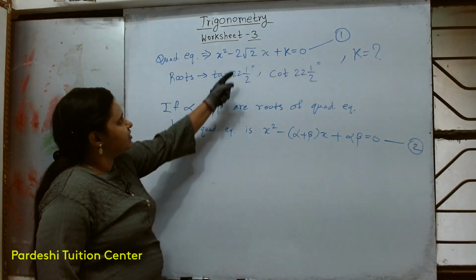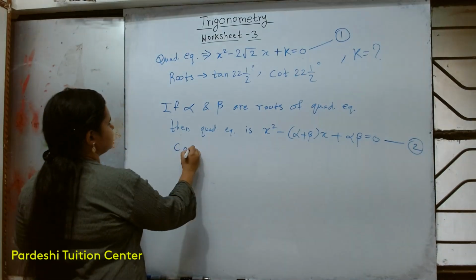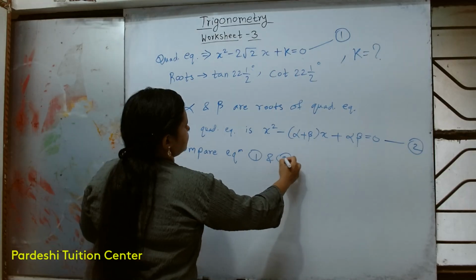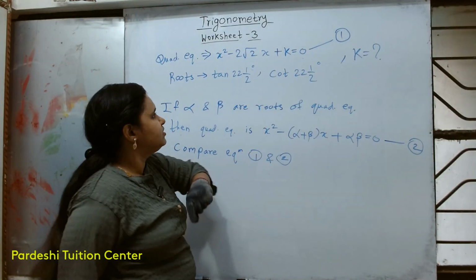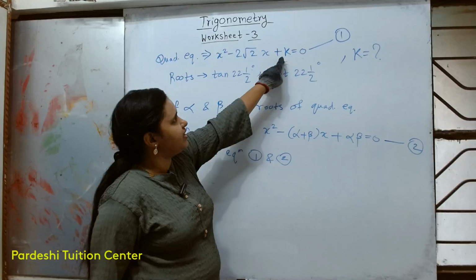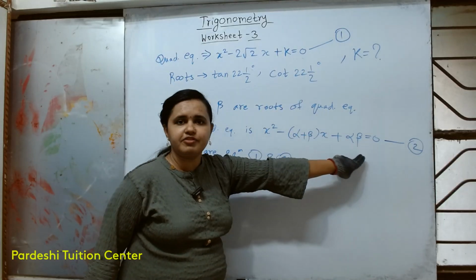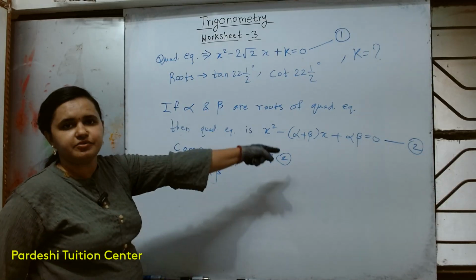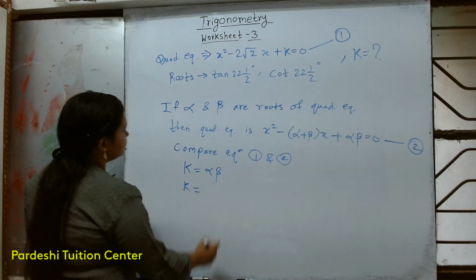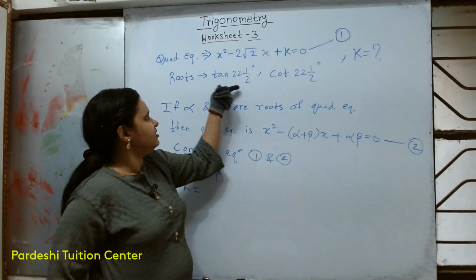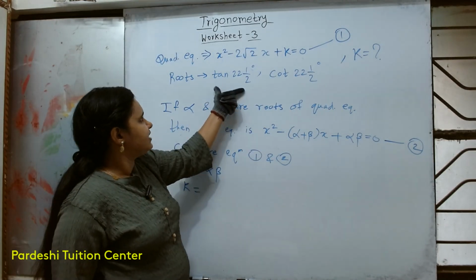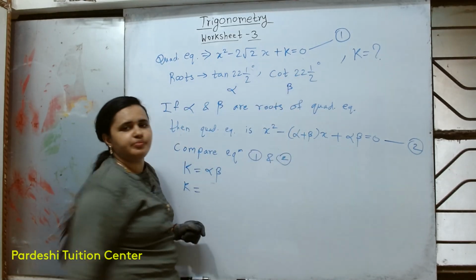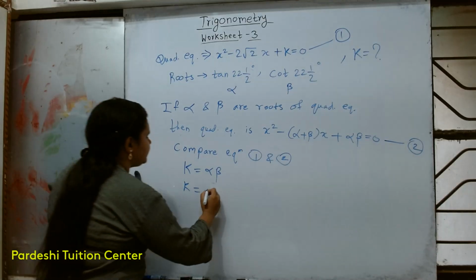So if I compare equation 1 and equation 2, we have to calculate k. k will be equal to alpha beta. Now I take tan 22.5 degrees as alpha and cot 22.5 degrees as beta.